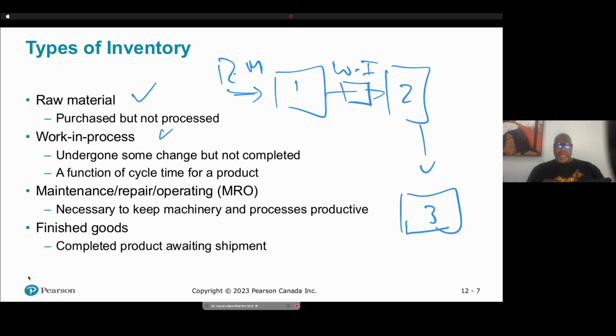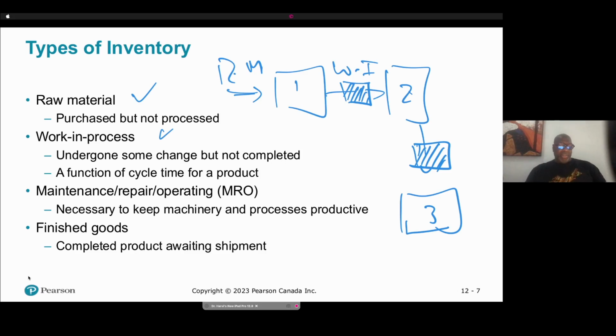So you're carrying some work in process inventory in between those two. You may also carry some work in process inventory in between 2 and 3. All right. So work that has undergone some changes but has not completed yet.